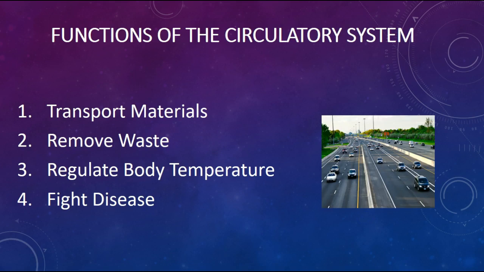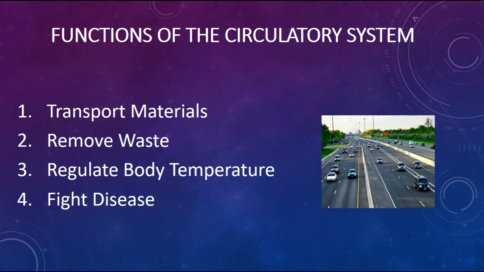Much like this highway, the circulatory system has a network of blood vessels that act like a highway. Many materials, such as waste materials, nutrients, carbon dioxide, and oxygen, all travel through the bloodstream through these various highways or blood vessels.